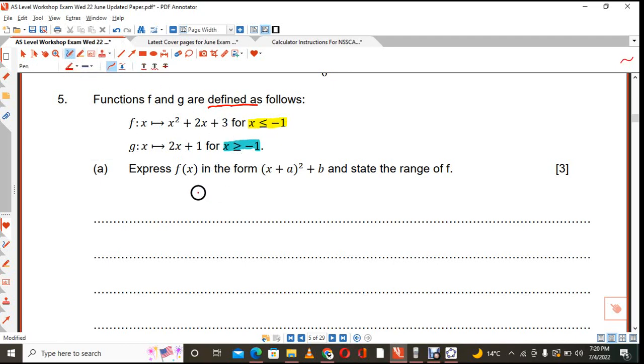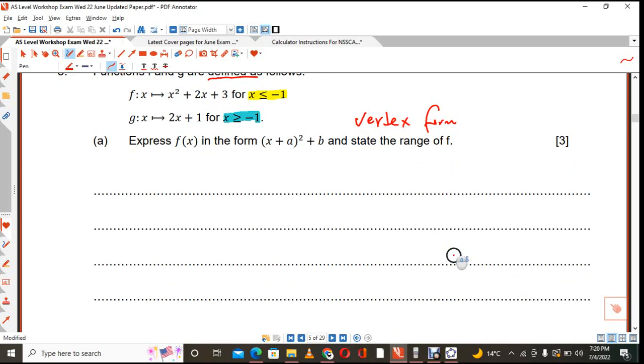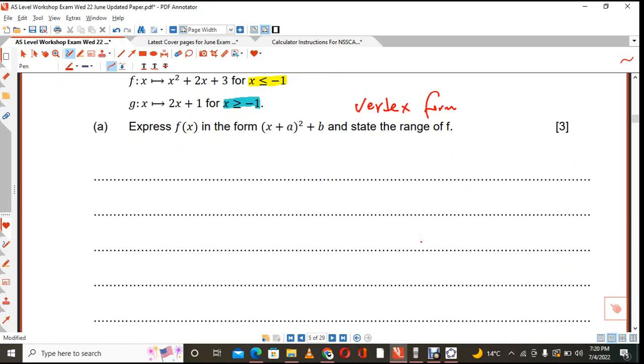The first thing they ask you is to express f of x in that form. This is a vertex form, and by now it should not be a problem for you to do vertex form. I don't know which method you prefer, but let me write function f of x like this, and say y equals x squared plus 2x plus 3.